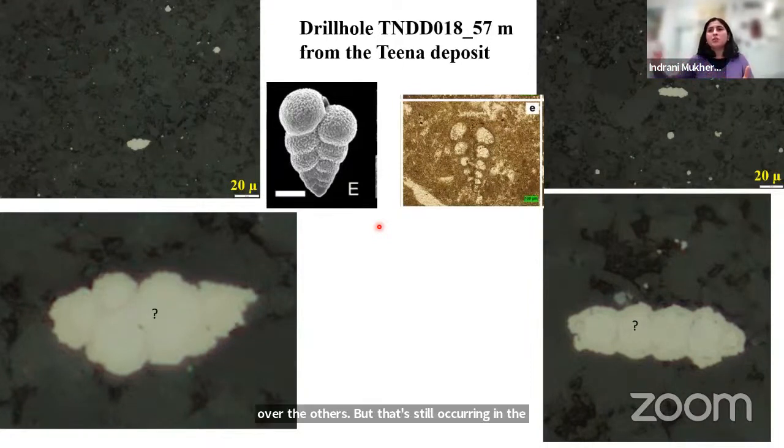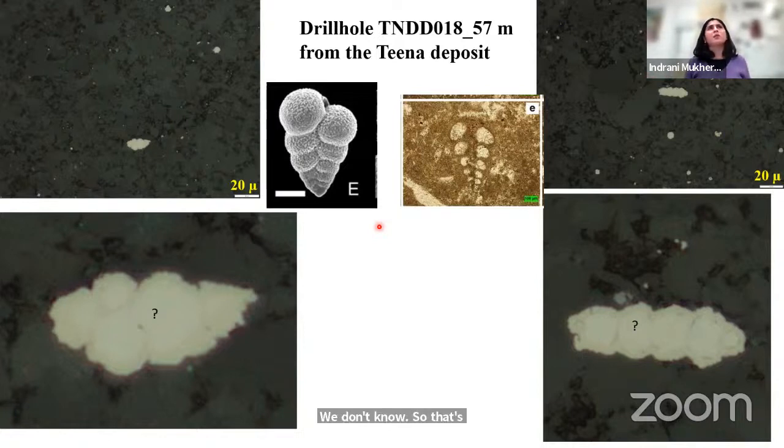But would the speciation be different outside of that environment? But I'm more concerned with what's happening within. And I actually don't know what I'm going to find. I'm very keen to see whether we will see homogeneity in speciation. We could even see heterogeneity. We don't know. So that's the big question. And I think one of the reviews of my proposal was like, well, what do you expect?